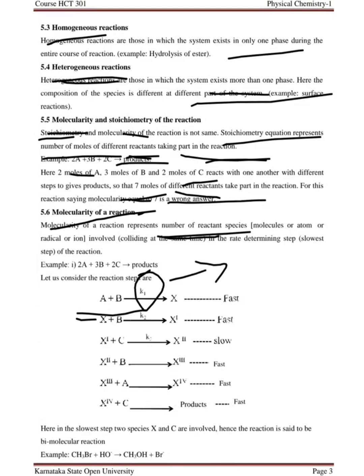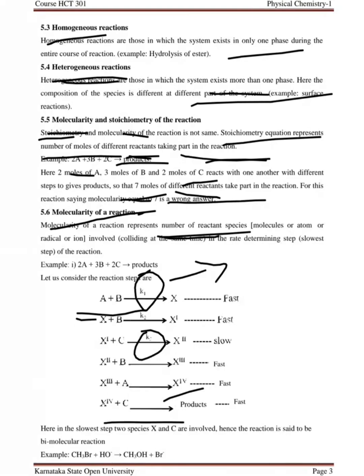Further X plus B with rate constant K2 gives the product X1, where X1 plus C gives X2 with rate constant K2, and X2 plus B gives X3, and X3 plus A gives X4.